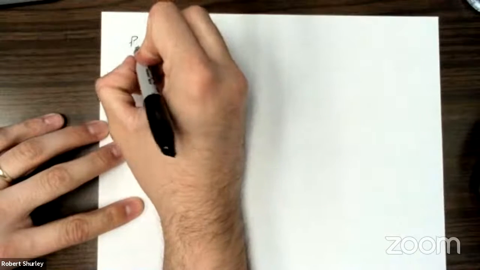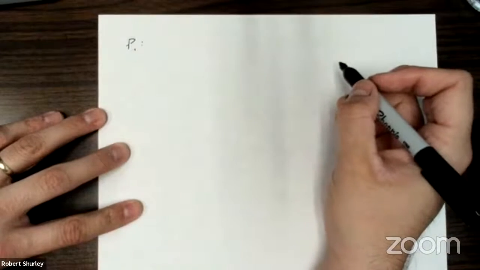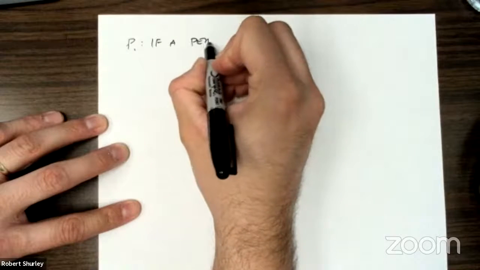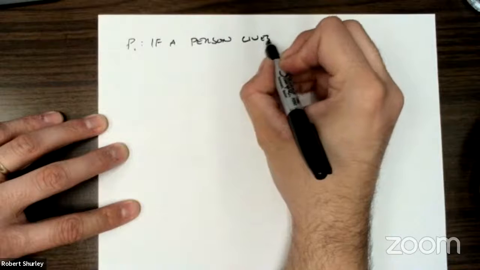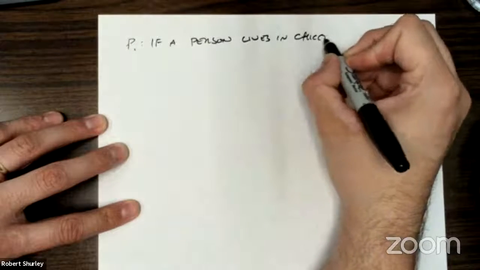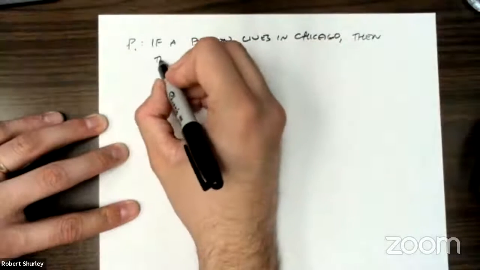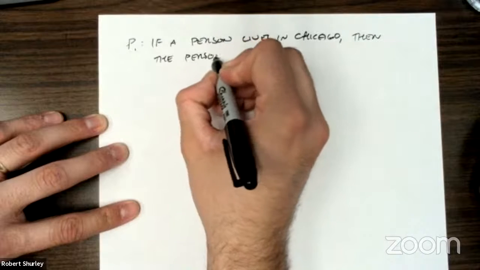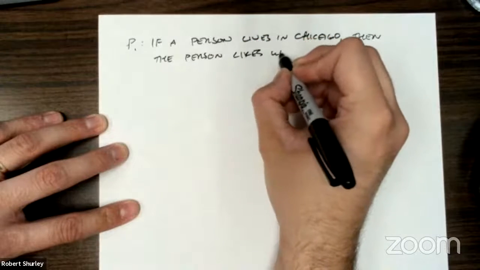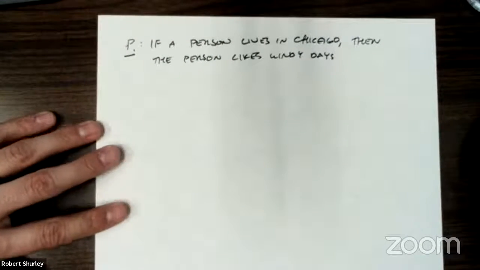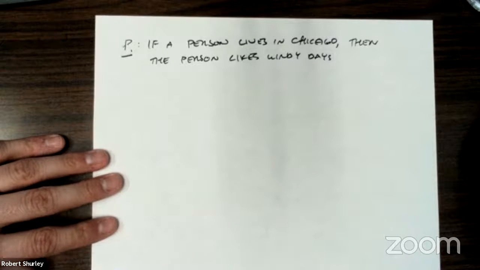The first one that your book goes over says the premise is that if a person lives in Chicago, then the person likes windy days. Now we're going to assume this is true because it's a premise, okay? Now we know that's not necessarily true, but we're going to assume it's true because it's a premise.